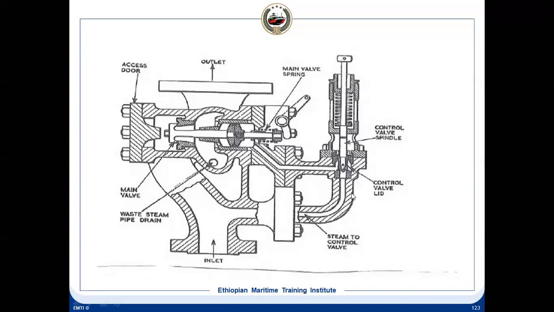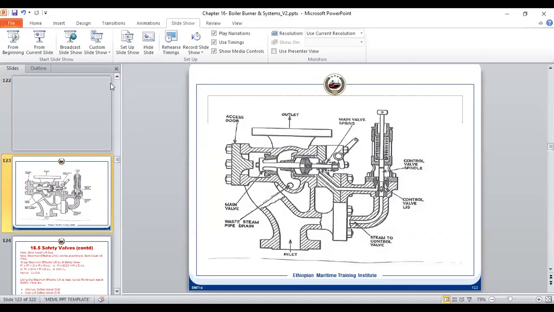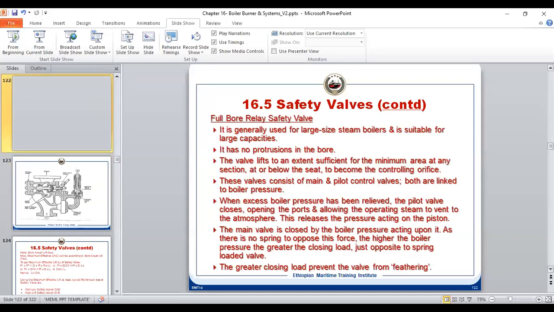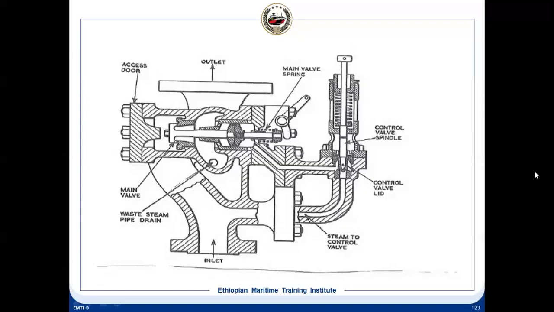This is a bore relay safety valve, and the question was, what happens if this part, the control valve, starts feathering?